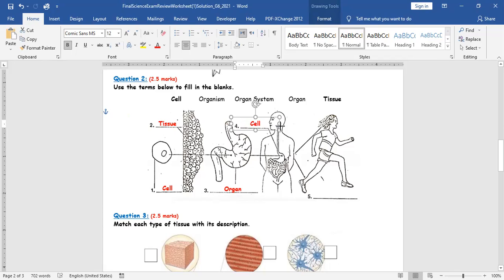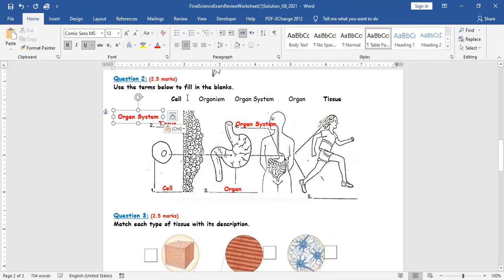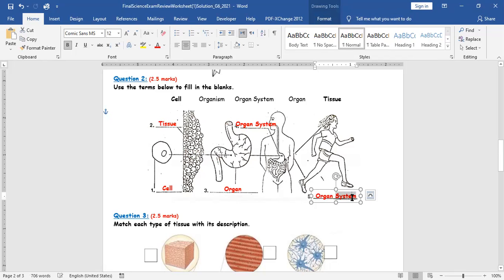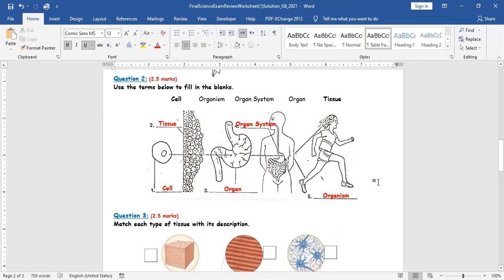The organ system is made of different organs. The organ systems work together to let an organism live and grow healthy. Cell, then tissue, then organ, organ system, organism.